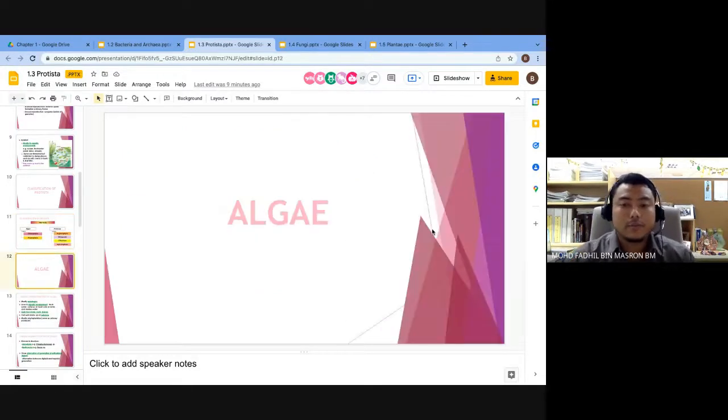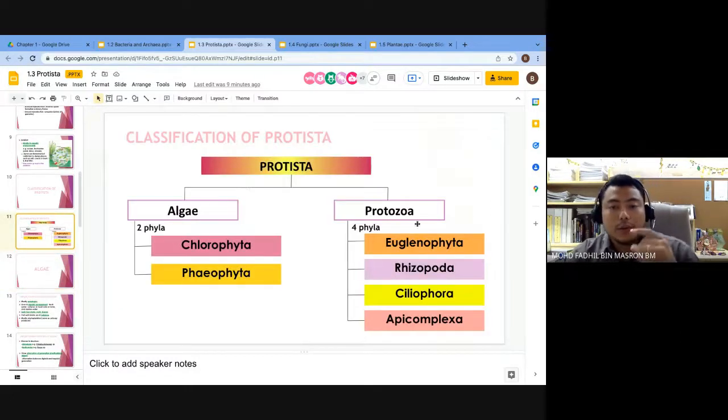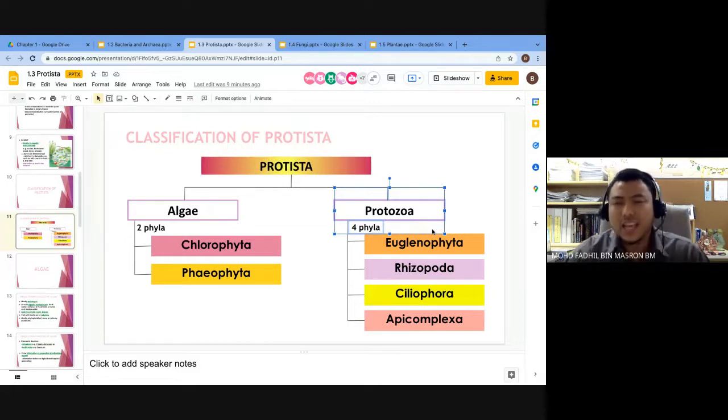Okay, so now we first look at the group algae. Sorry, a quick recap back. When you look at this slide here, now you see the word protozoa. If you do not have the map that I've provided to you earlier, you might be confused. Sir, protozoa ni nama kingdom ke, kita belajar kingdom lain ke? Ni nama apa ni sir, phyla ni?